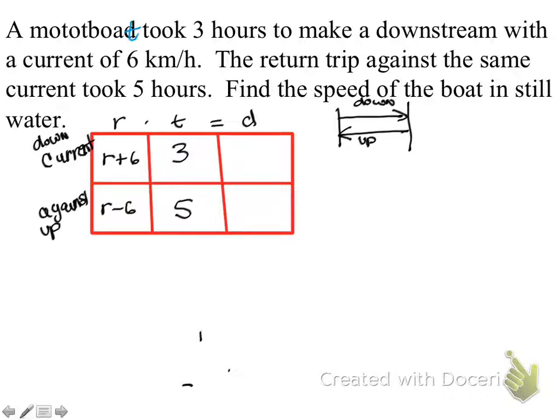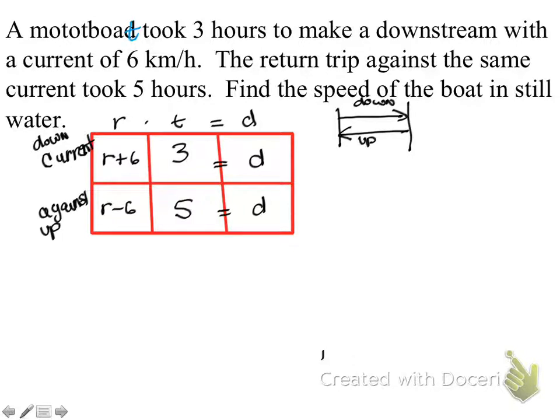So now what am I going to do? Because last time I had the 1200. So what can I do? Mary? You can put that for the distance area. You can just put D's because we don't know them and they are the same.